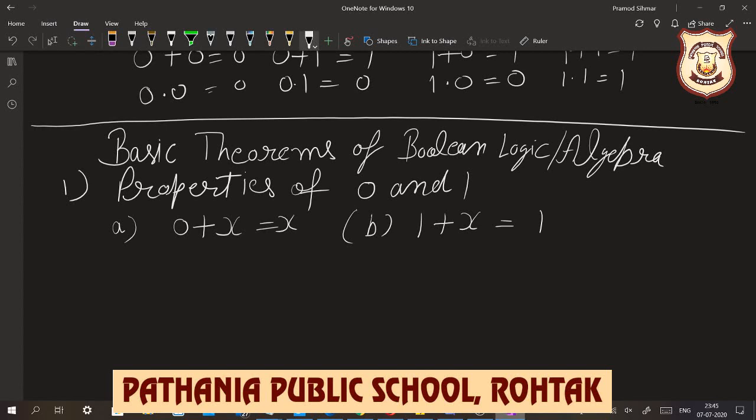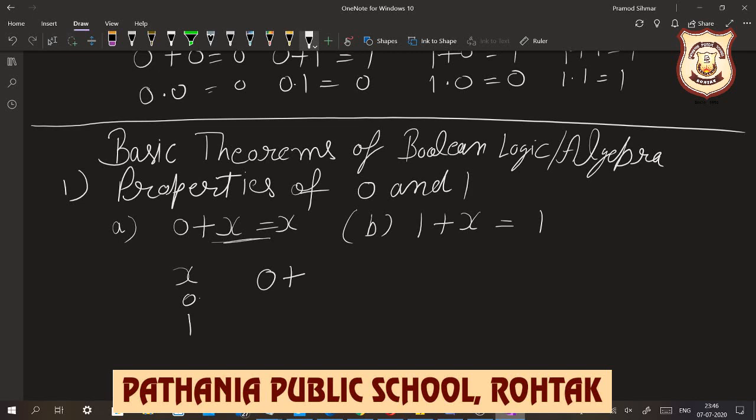For example, we have only one variable x. In x, only two values are there, either 0 or 1. So for example, we want to prove this property of 0 and 1 using the truth table. So 0 plus x, and x is either 0 or 1.